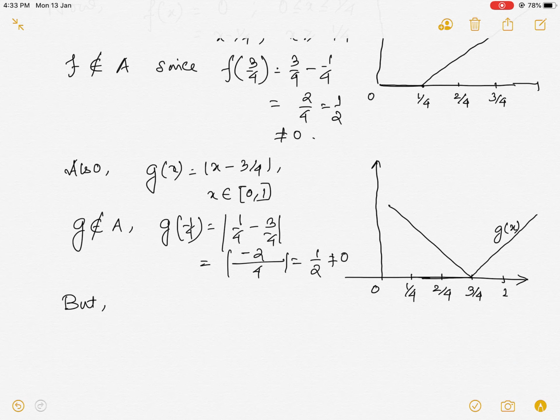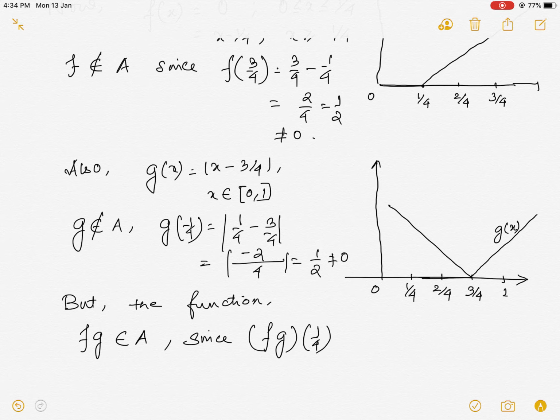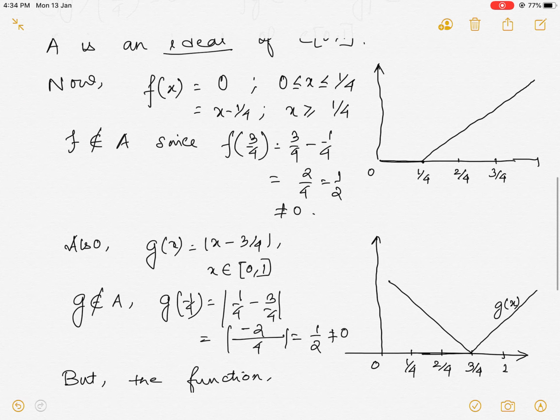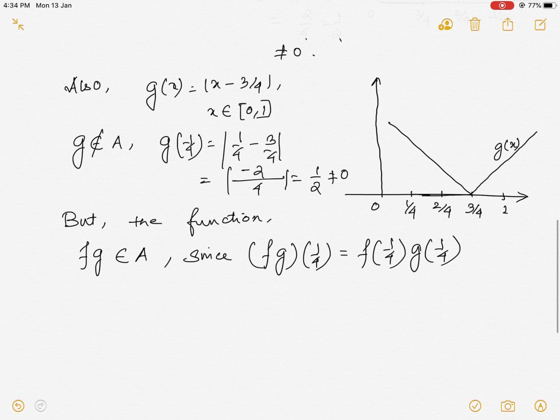But the function fg is clearly belonging to A, since fg of 1/4 is equal to f of 1 by 4, g of 1 by 4. F of 1 by 4 is 0, which is 0.